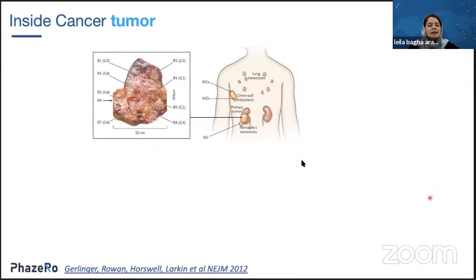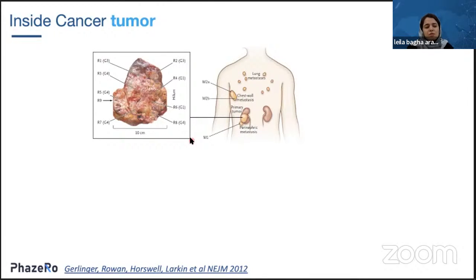The tumor of a patient who has kidney cancer was considered for this study. As you can see, the size of the tumor is around 10 centimeters, and multiple biopsies from the primary tumor and the patient's metastatic sites were taken, and the whole coding genome of that tumor and all the samples were sequenced.